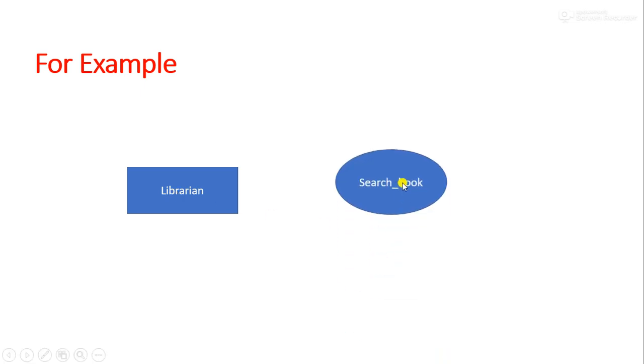So let's take an example. Here we have a librarian, that is the external entity of our system, which will use our system. Suppose we have a function that is search book, and this arrow represents the flow of data from librarian to search book. And what type of data? This is the book ID.